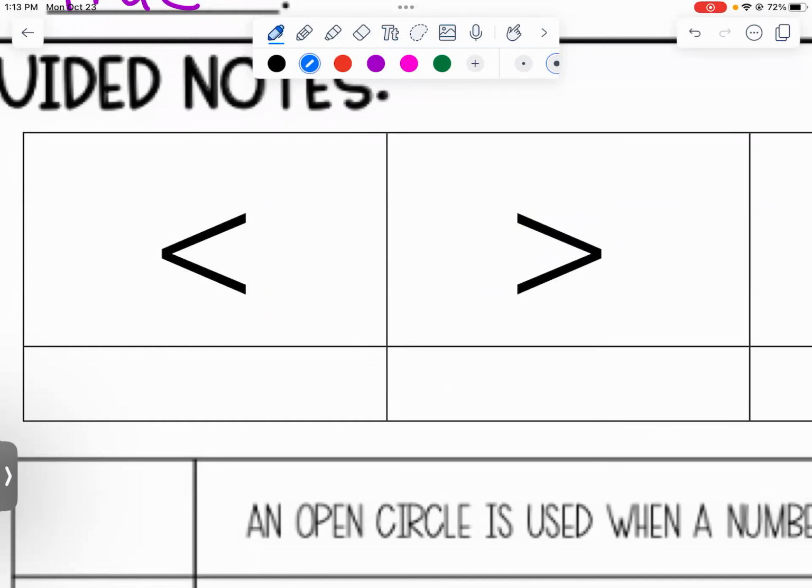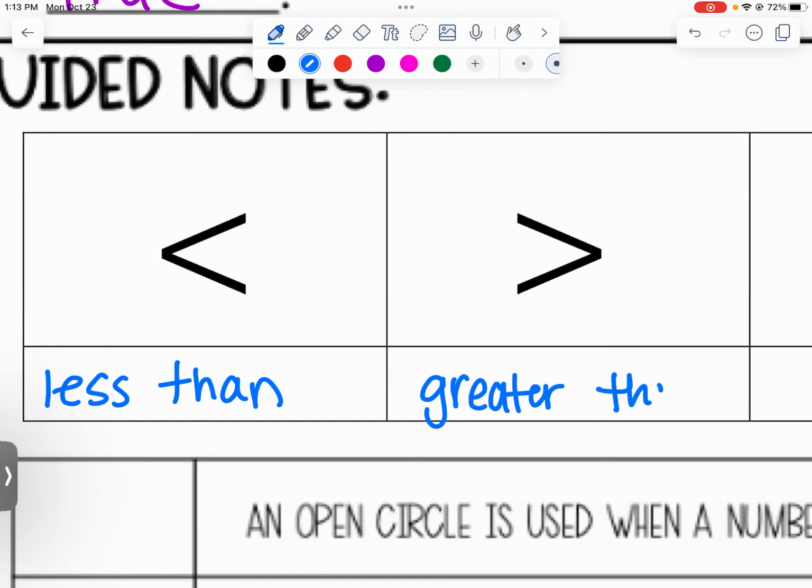This one is the less than, and this is the greater than. Those are the words we're going to use. Tomorrow we'll talk about other words for less than and greater than, but today those are the only two words we're going to use.